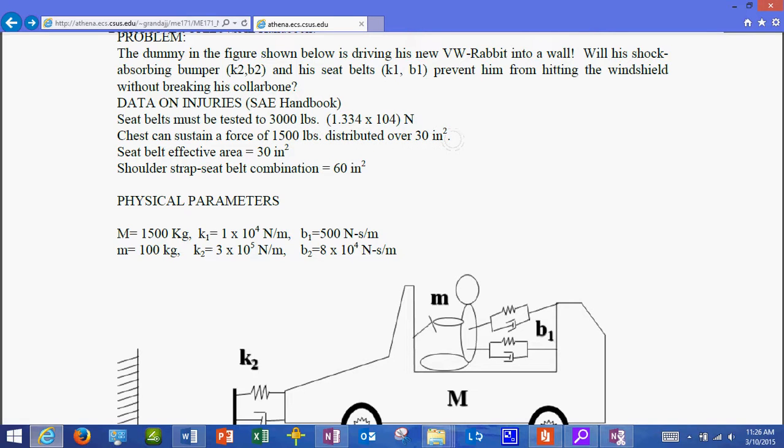distributed over 30 inches. You might recall that in the times when the seat belts were not so sophisticated, they were very wide. In fact, on my Chevrolet Impala 1969, one of those biggies, it's got two seat belts, and they are 4 inches wide.